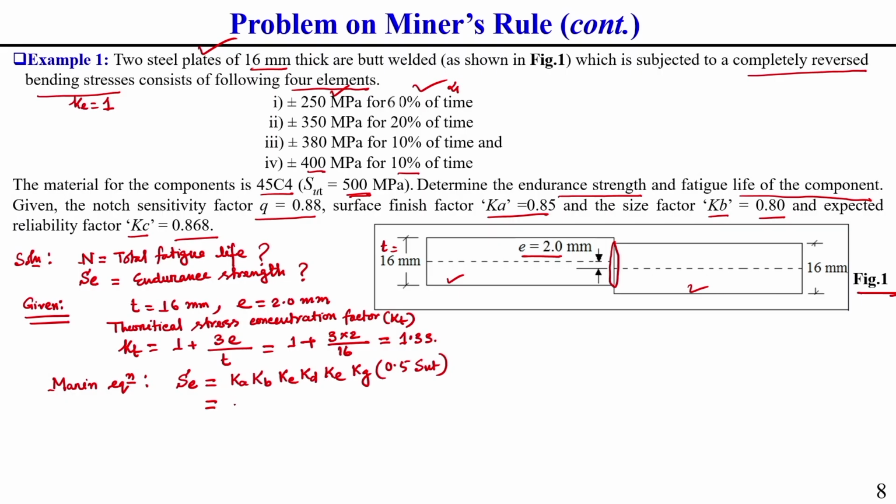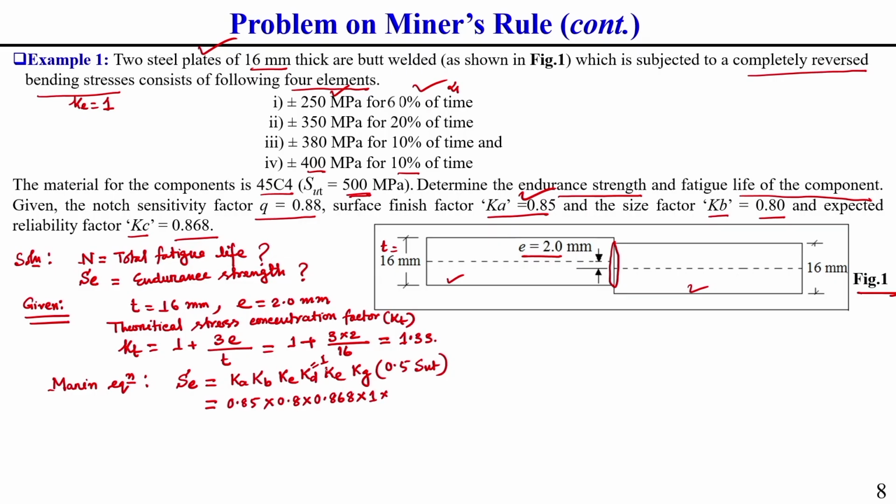Here Ka is given as 0.85, Kb is given as 0.8, Kc is given as 0.868, that is the reliability factor, because we have solved these types of problems earlier also. Thermal effect we have not considered, that is why Kd we consider as 1.